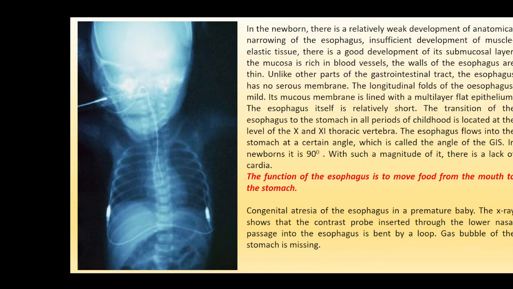Unlike other parts of the gastrointestinal tract, the esophagus has no serous membrane. Other parts of the gastrointestinal tract have a serous membrane throughout. Just only the esophagus has these anatomic features.